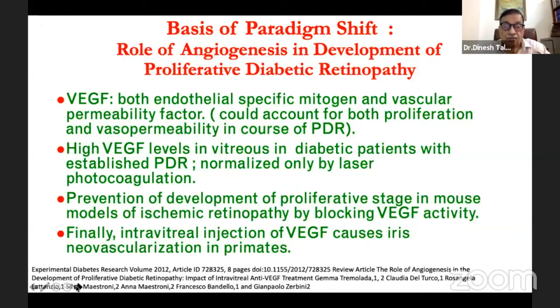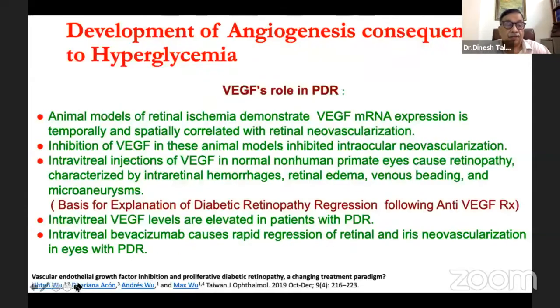Now, we already know that there are high levels of VEGF in patients with established PDR, and they get normalized with laser photocoagulation. We also know that you can prevent the development of a proliferative stage in mice models of ischemic retinopathy by blocking the VEGF action. And then finally, we do know that if you inject VEGF, you can cause iris neovascularization in primates.